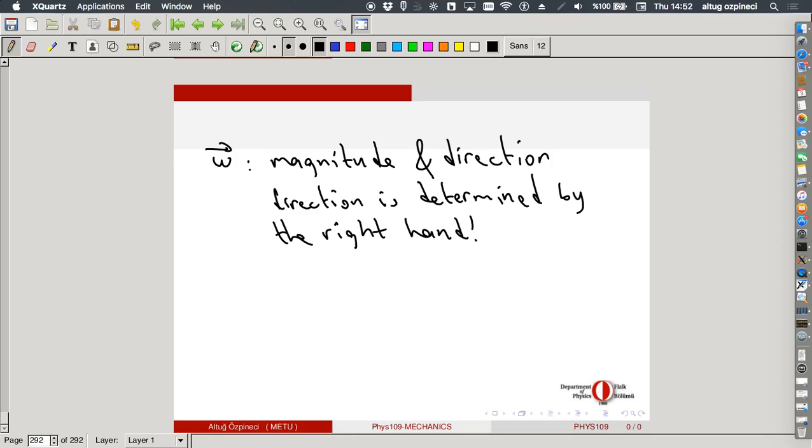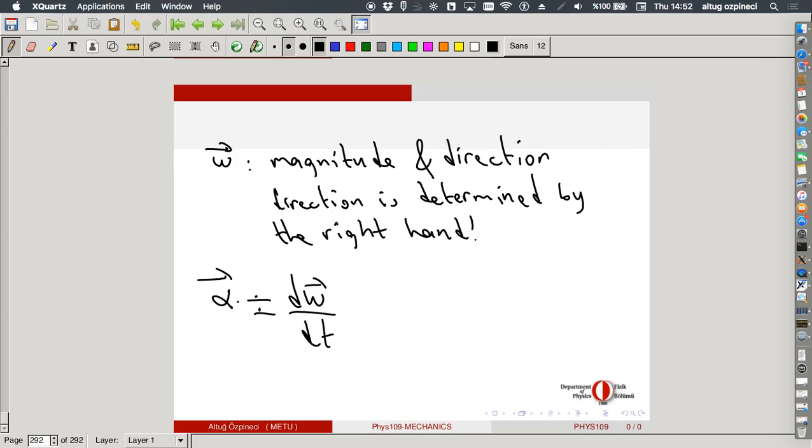Now, since the angular velocity is a vector, angular acceleration is also a vector. So let's look at again this example. Just rotate it in one direction. What is the direction of the angular velocity? Downward. Now it is moving faster. So what is the change in the angular velocity?